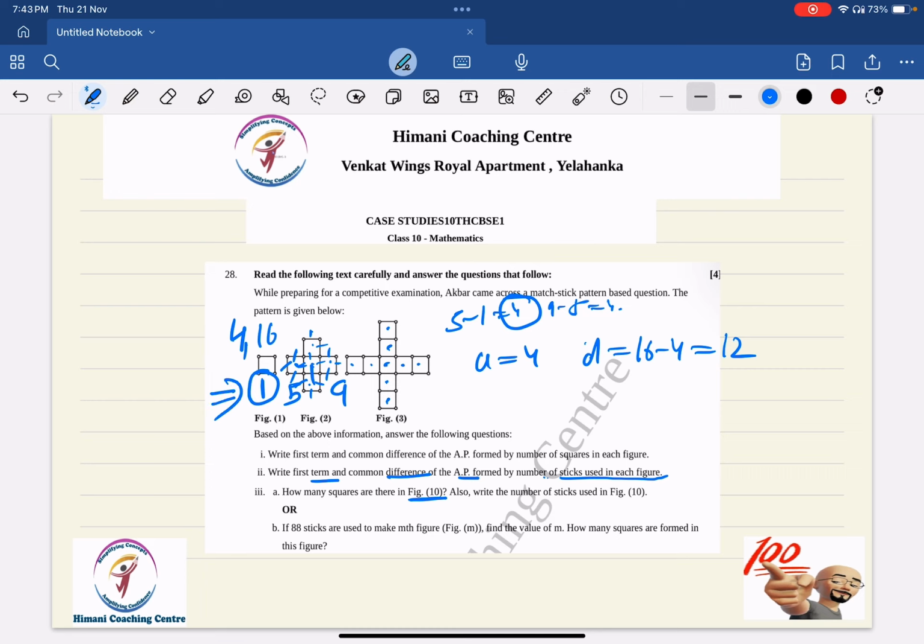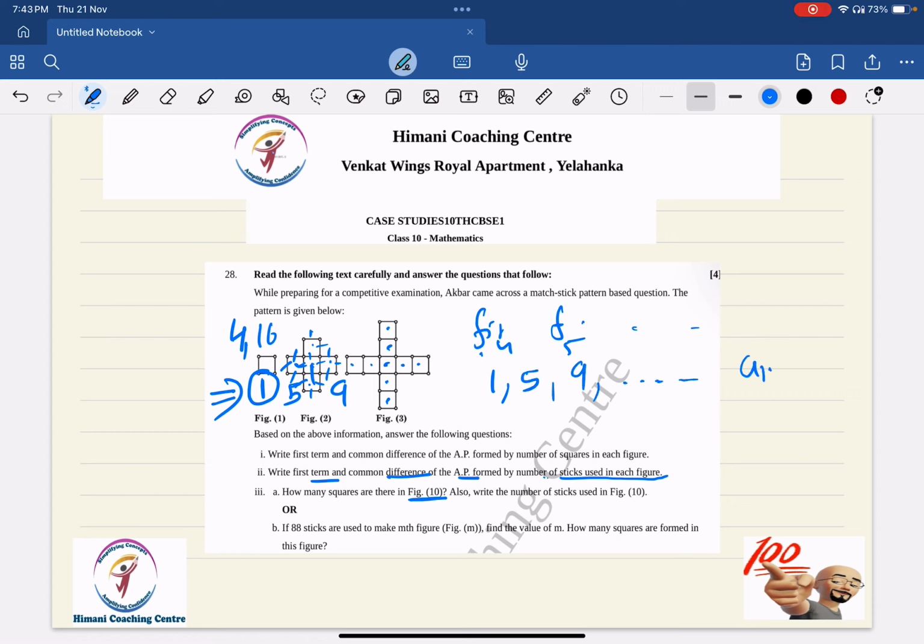Okay. Read the question. How many squares are there in figure 10? So if we are making this series, okay. So let us do this just for understanding. So there would be figure 4, figure 5, figure 6. So what are we doing? It's an AP of 1, 5 squares, 9 squares like this. There would be A10. We are asked A10.